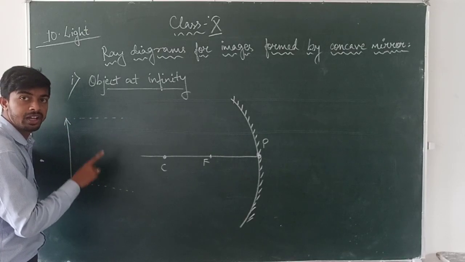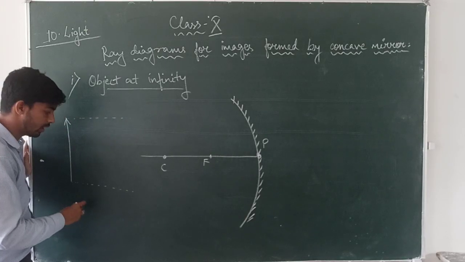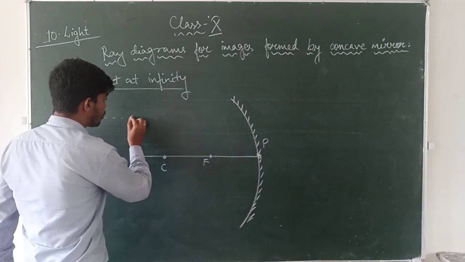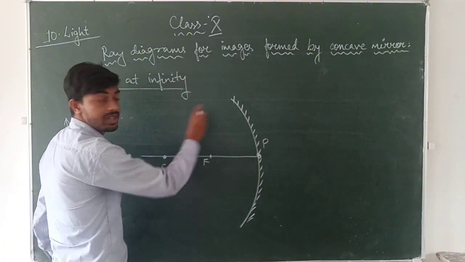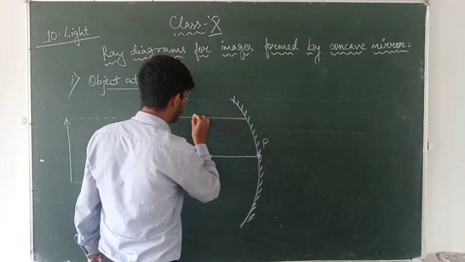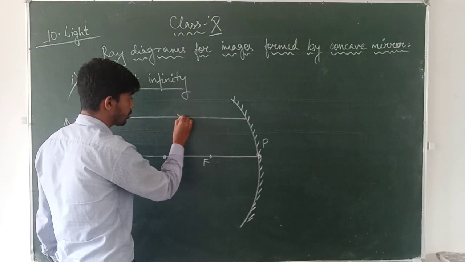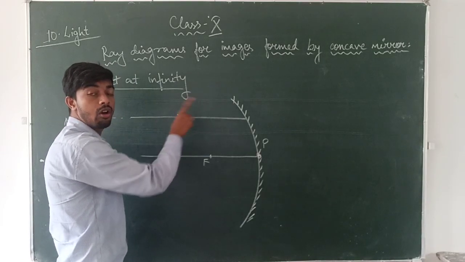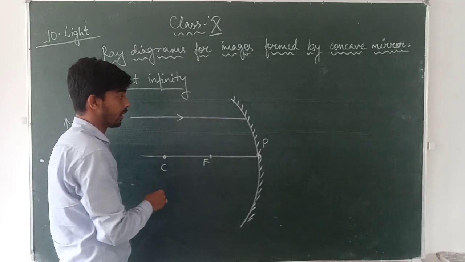As this object is at infinity, that's why we are taking it from the bottom of the object. So the ray will come parallel to the principal axis. And on the ray we have to give arrows. These are direction arrows which show in which direction the rays are going.